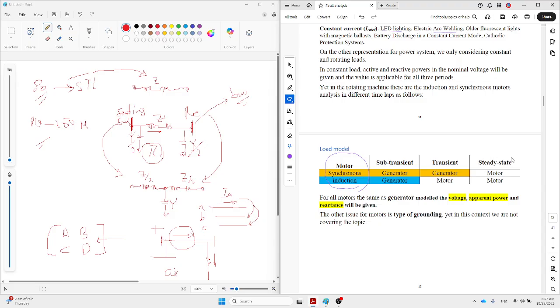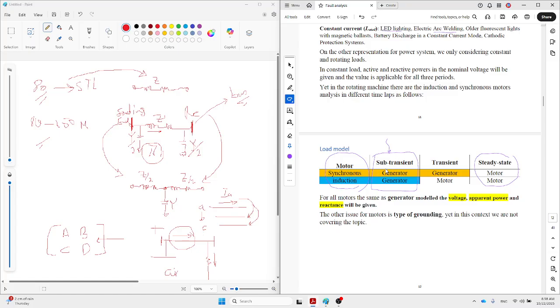In the steady state, after the fault, after 25 cycles, both motors operate in motor mode. But in the subtransient period, both operate as a generator.